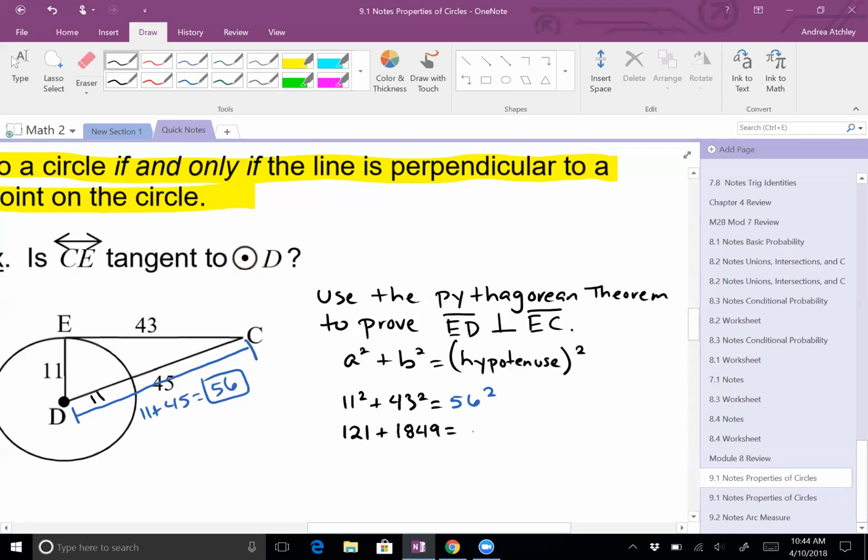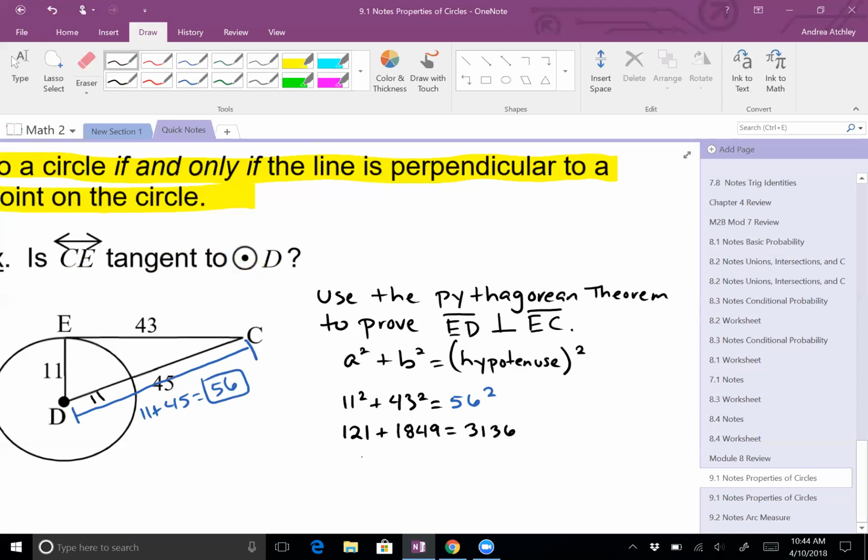And then 56 squared is 3,136. It's 43 squared, not 45, right? Did I do 45 squared? Yeah, this is 43 squared, because the 45 is just part of the hypotenuse, not the whole thing.